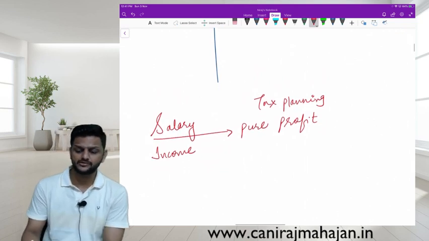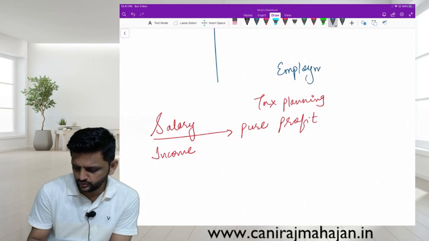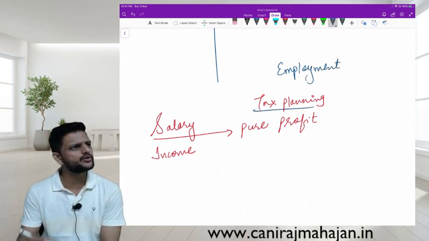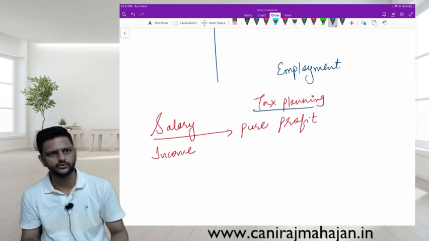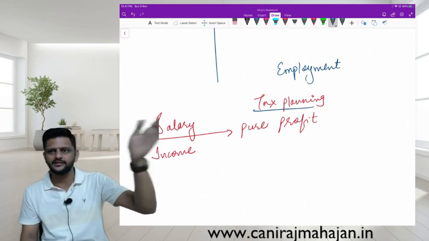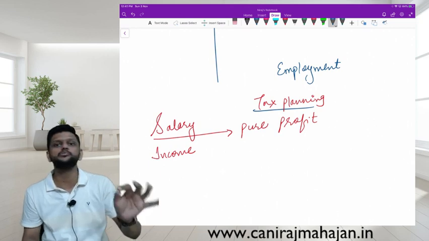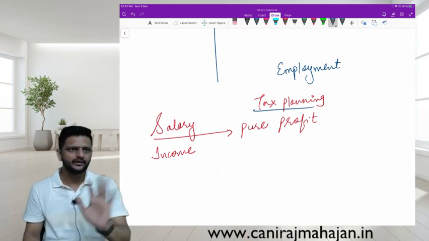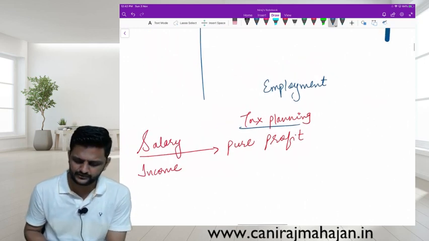Tax planning depends on your employment offer. Who gives you the bifurcation of your salary? The employer gives you. Employer decides what is the basic, HRA, DA, this allowance, that allowance, and all of that. The employee who earns the income doesn't have as such a main role in any tax planning of salary income. I follow till here.